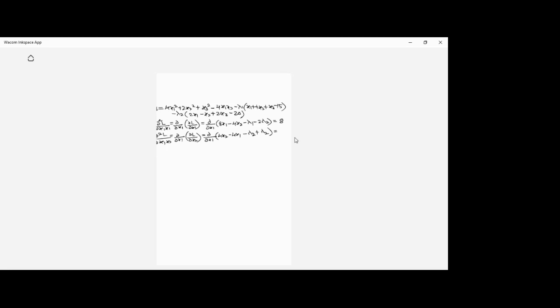Differentiating this partially with respect to x1, the value will come as minus 4.